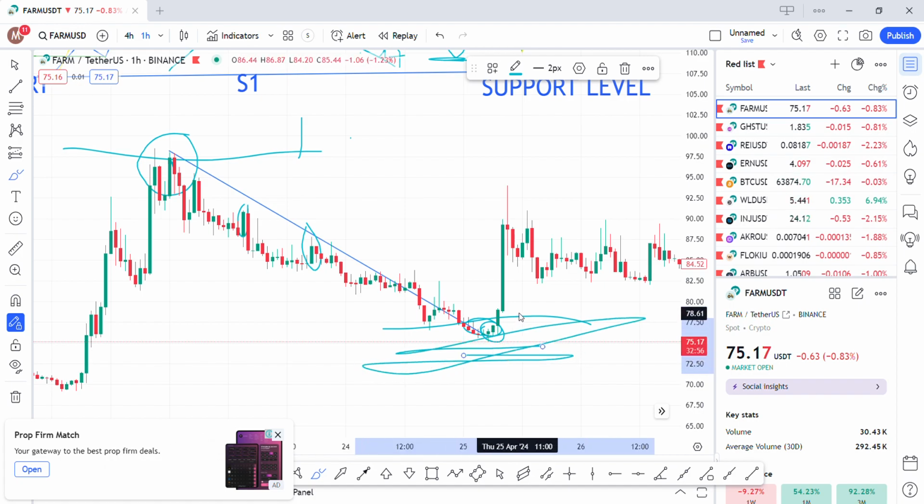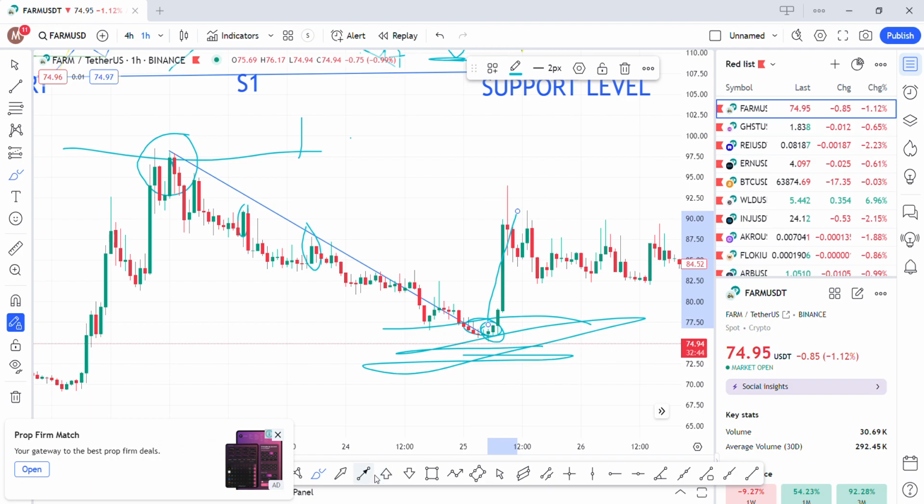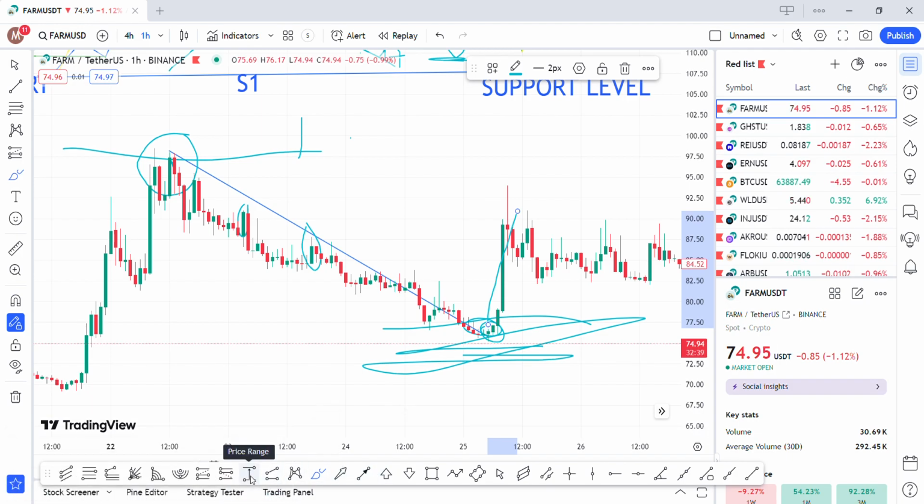So if somebody enters at this point, at this support level, and took a particular percentage of this particular coin, let's take a price range, and somebody who enters around this side. Let me try to draw, with another color, but don't worry.